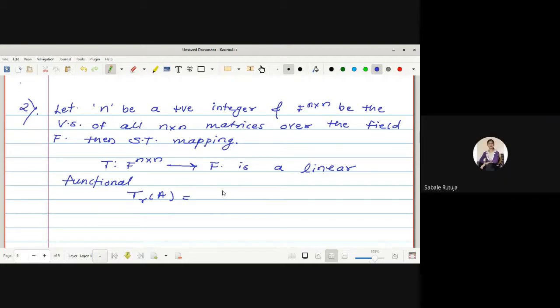Addition of diagonal elements, that is a11 plus a22 plus a33 up to so on ann.